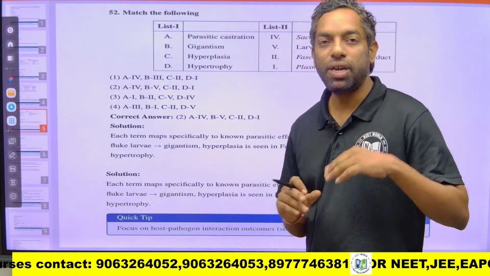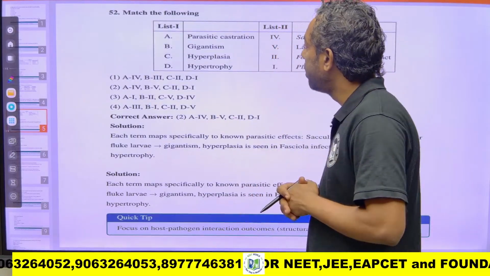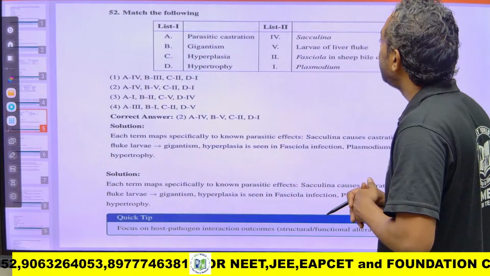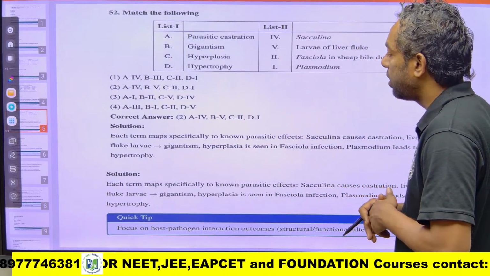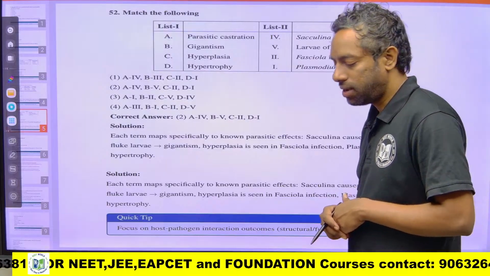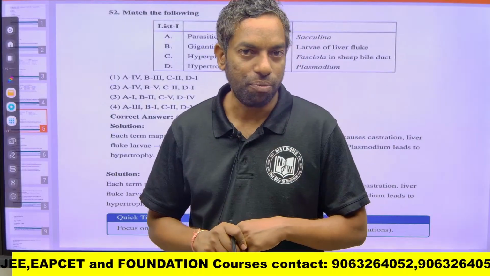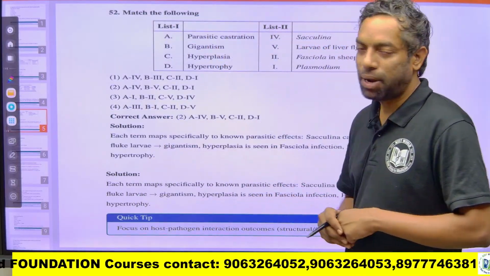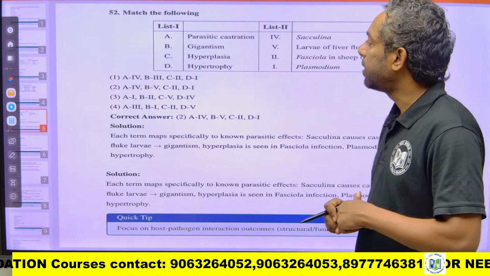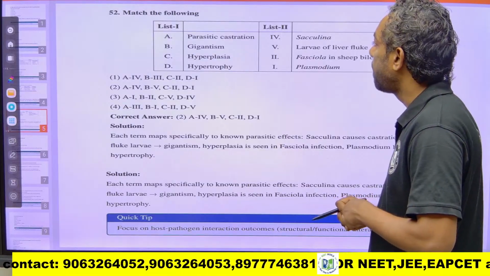Every year there is a question from human health and disease. Here also there is a question. Parasitic crustacean Saculina. Gigantism is the larva of liver fluke.